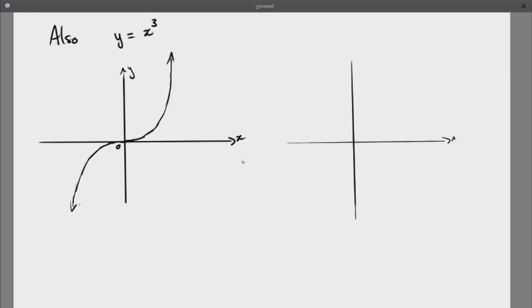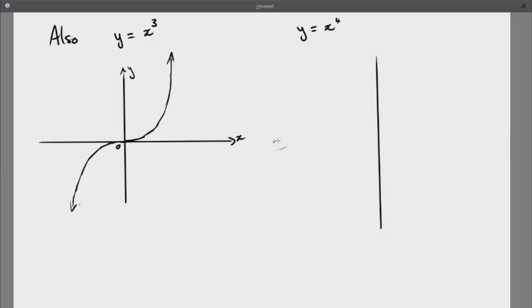So just watch out for that, and then it has sort of the same feel as a parabola, but when you put them on top of each other, this x cubed graph is a little bit faster growing. Then we also have y equals x to the power of 4.